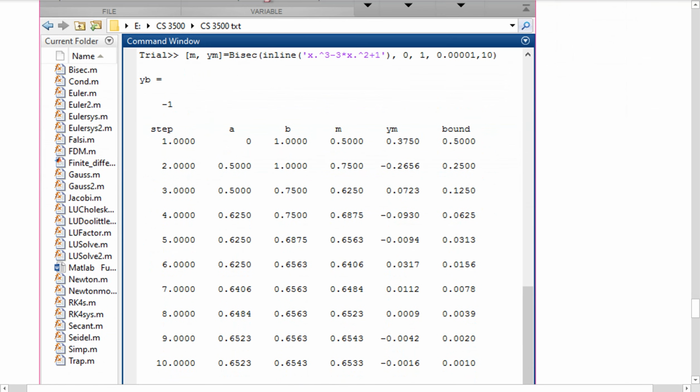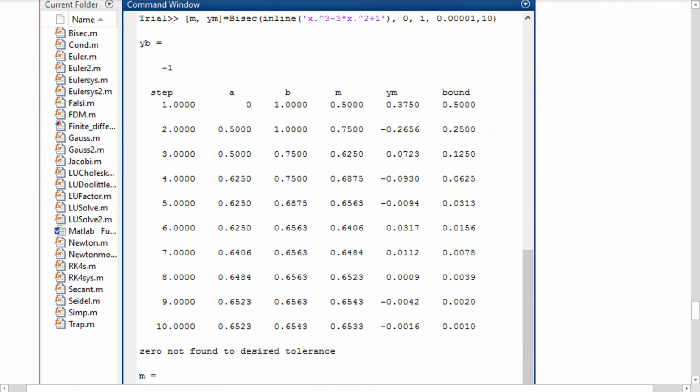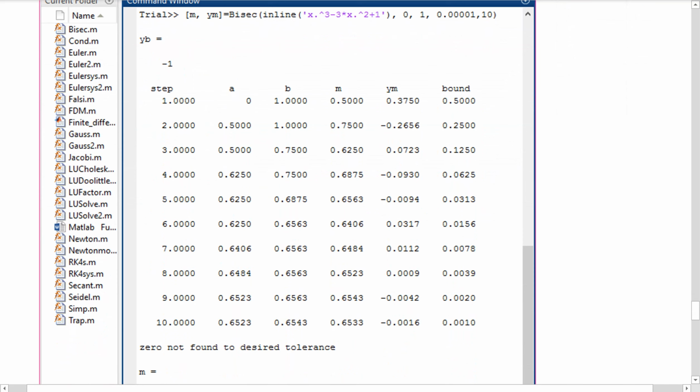Oh, by the way, this is what happened when I plugged it into MATLAB. You can see I get a table with steps 1, 2, 3, 4, 5 to 10, and I get A, B, M. M is the midpoint in each stage, YM is the function value at the midpoint, and we also have the bounds.